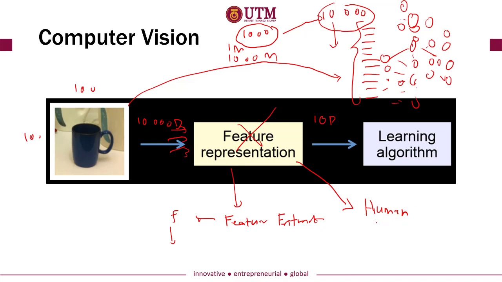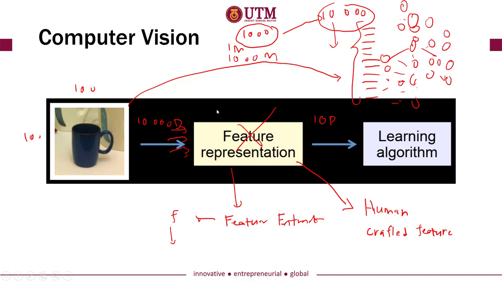Okay, if you go to any textbook related to deep learning, they say that before deep learning, the conventional approach always used human crafted features. Okay, human crafted feature means the feature which has been designed or crafted by humans.